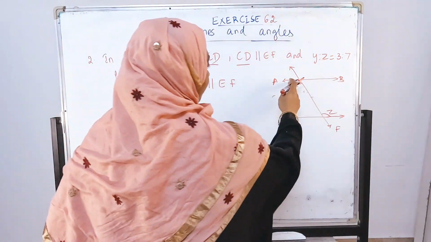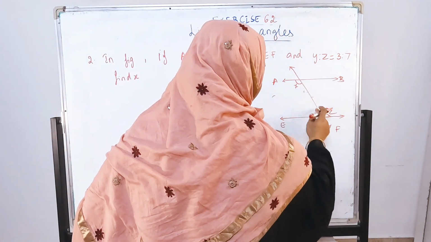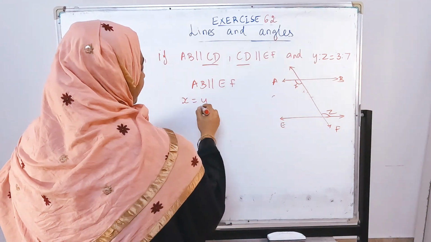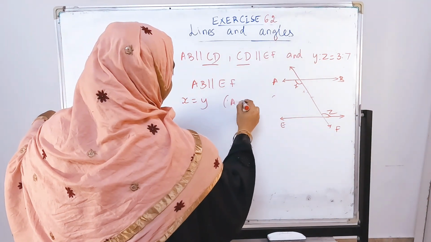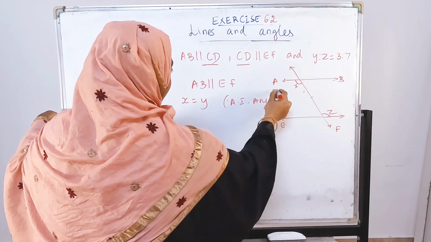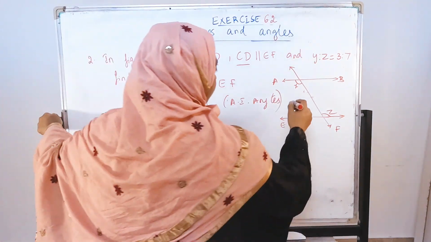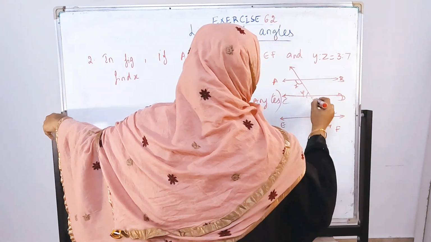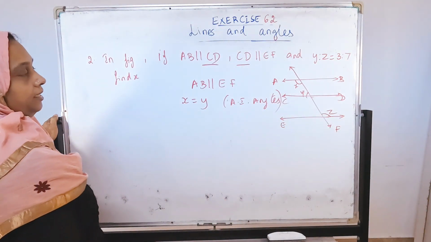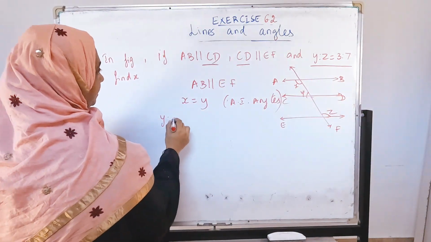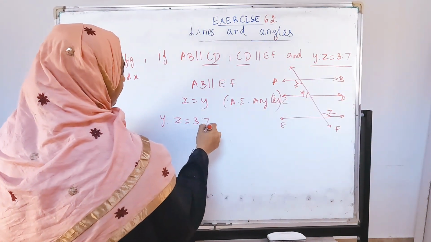Now it is forming a Z here. See, this is coming as Z. So X is equal to Y, alternative interior angles. Then here Y to Z they have given as 3:7.